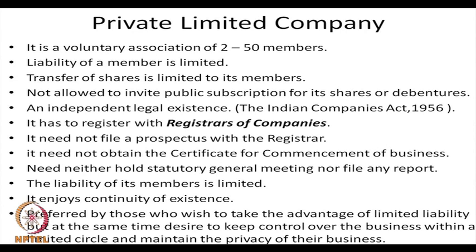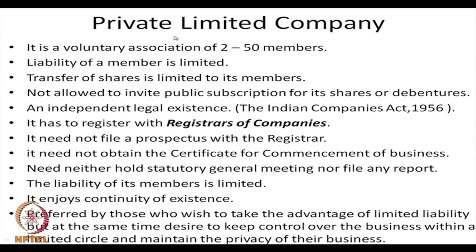Now, we come to another form of organization, called a private limited company. Now, you will see the word limited is present, and private is present, and company of course. Now, what is it?